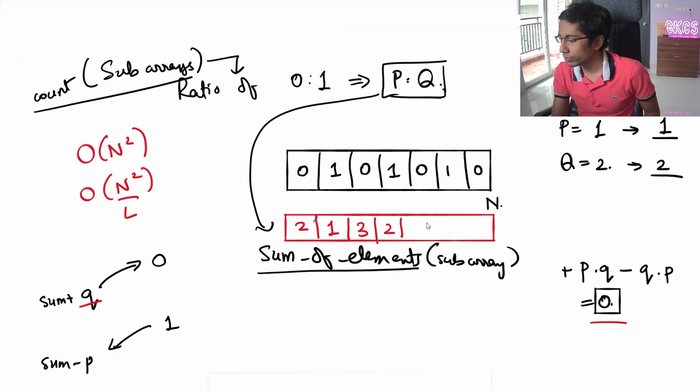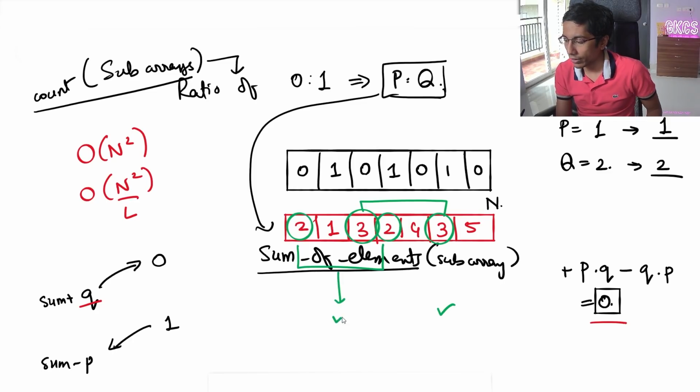I get a 1, it becomes 2, 0 makes it 4, 1 becomes 3, and another 0 makes this 5. Here we see that the two sums, 3 and 3, create a subarray which is satisfactory for us. The other one with prefix sums 2 and 2 also creates a satisfactory subarray. So there are two subarrays that we can have here.